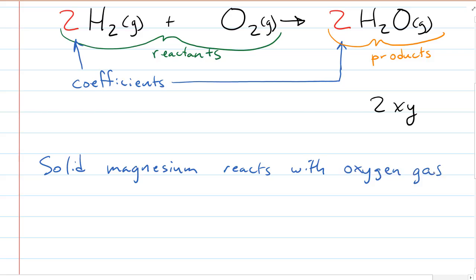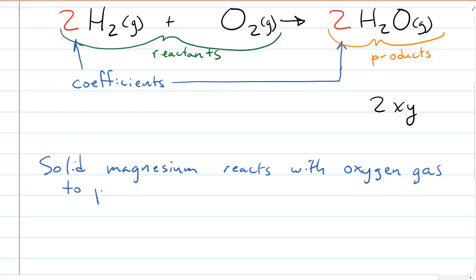And you can't say it reacts with fire, because if I asked you what is the chemical composition of fire, you would say, I don't know. Okay? Because you don't know. Fire is actually the heat energy that's being given off when something does react. So solid magnesium reacts with oxygen gas.